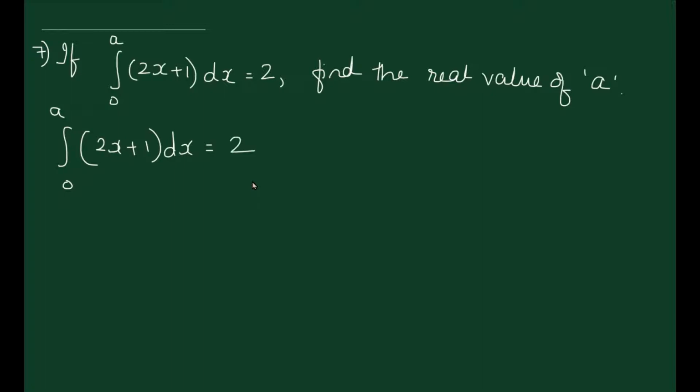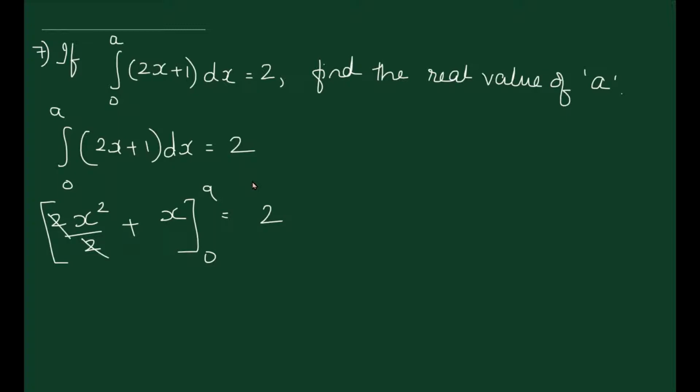Now solving this integral in the usual manner, 2x by integration becomes 2x square upon 2, plus the integral of 1 becomes x, from 0 to a, which is equal to 2 as given on the RHS. Here 2 gets cancelled.